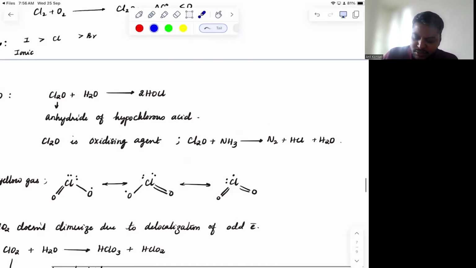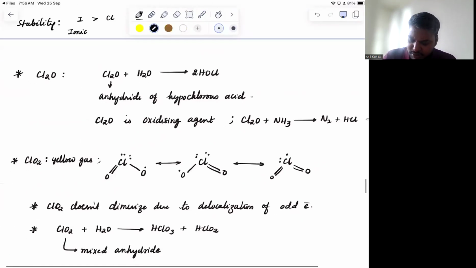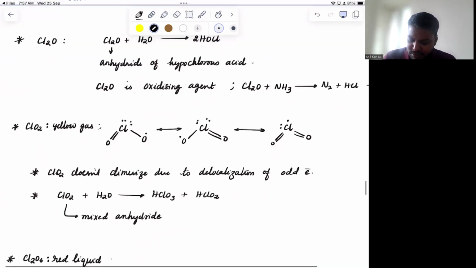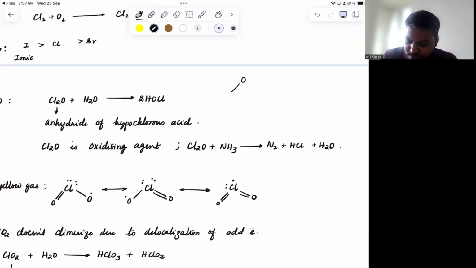And Cl2O here, if you notice the structure wise, we have OCl here, and that will possess a back bonding. Okay, that will possess a back bonding. And the bond angle due to back bonding is coming close to 111 degrees.